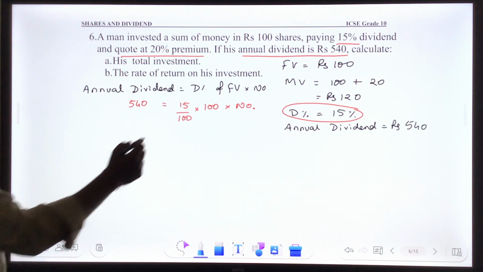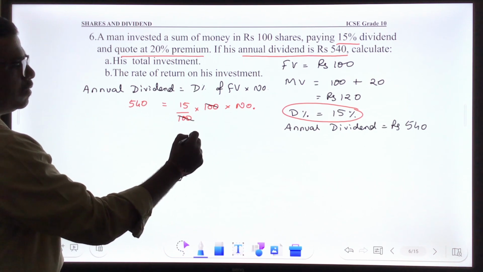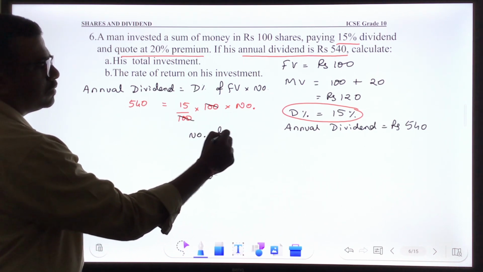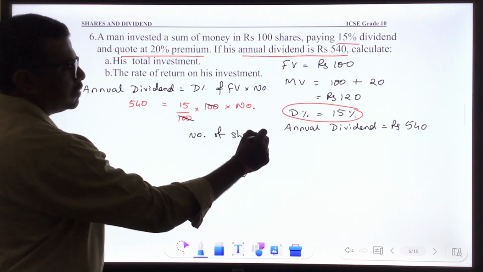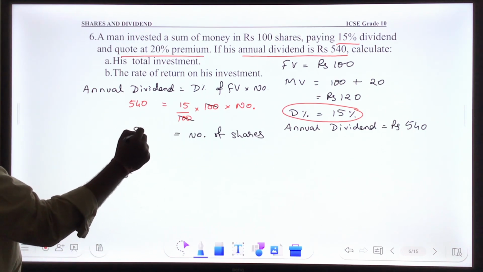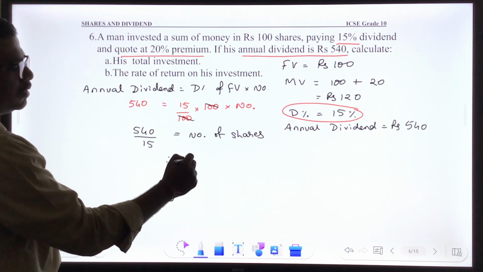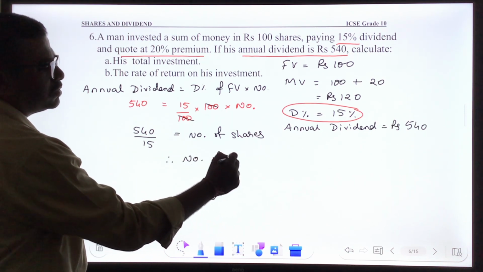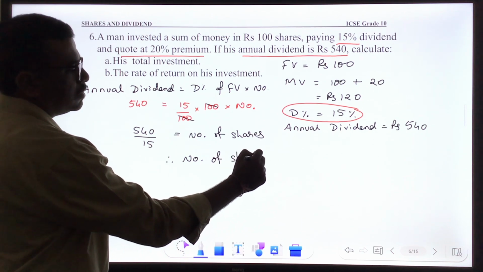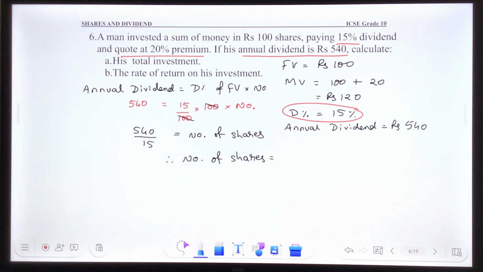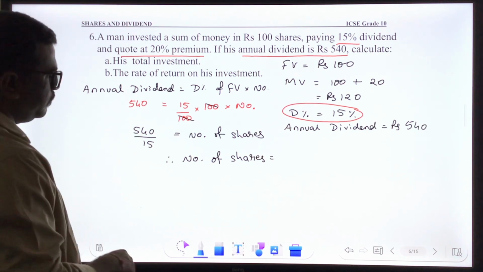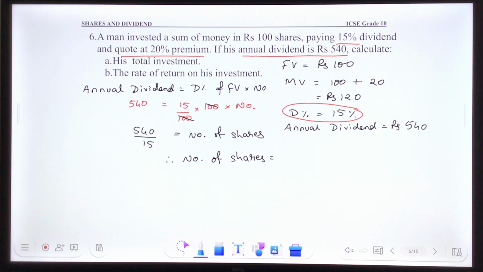So on reducing this, we get number of shares is equal to 540 divided by 15. So he has purchased how many shares? 540 divided by 15 gives 36 shares.